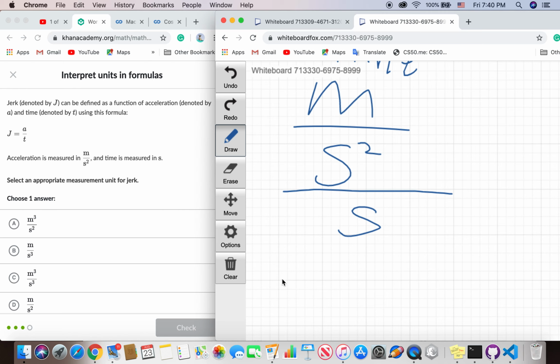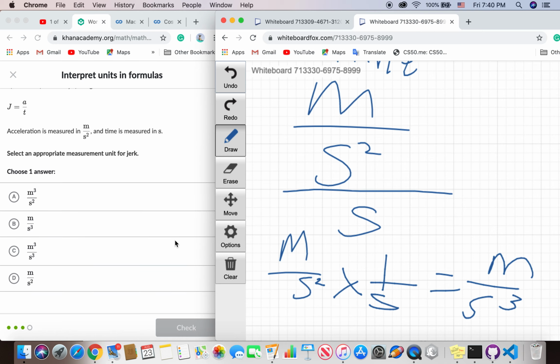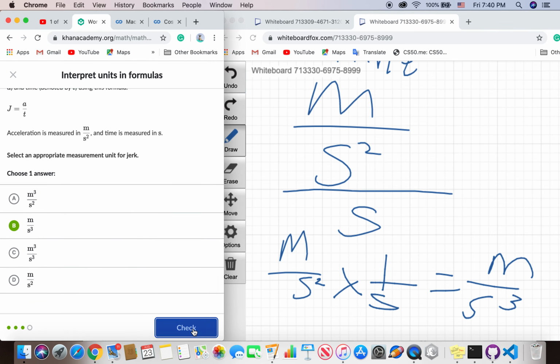So this is the same thing as dividing by s. What happens when we divide a fraction by an integer? Well, you are gonna multiply by that inverse. So what did you get? I get s cubed over m. Okay, hopefully this is correct.